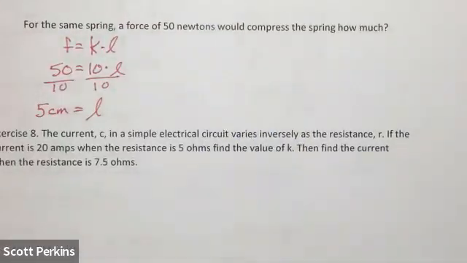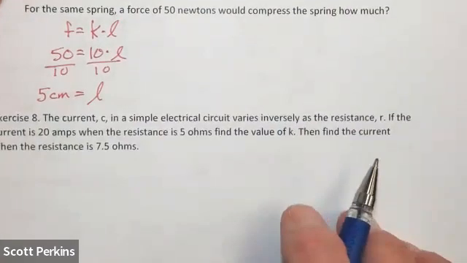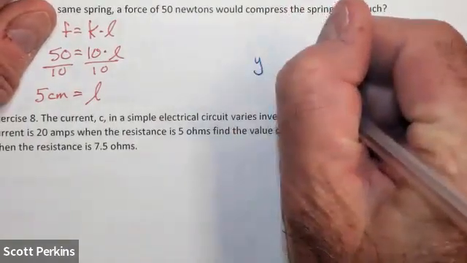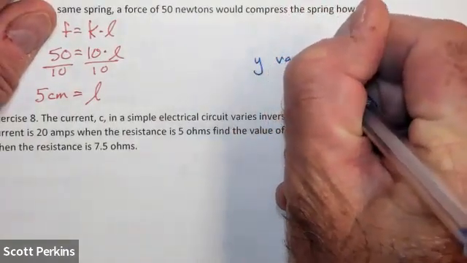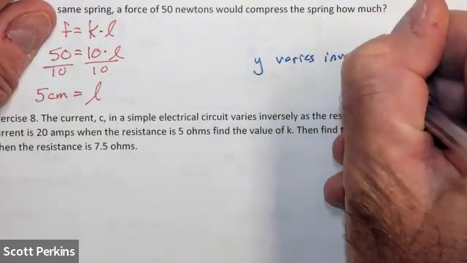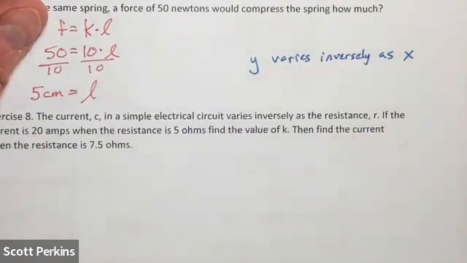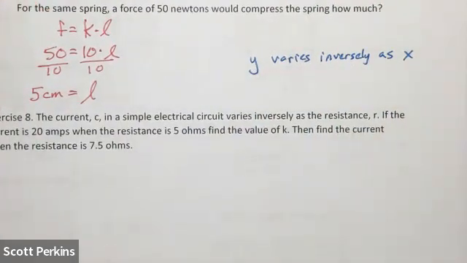The other type of relationship that we're going to do in this course, there's other ones, but these are the main two that you see most frequently, is y varies inversely as x. Okay, an inverse relationship. So practically what an inverse relationship means is they're doing the opposite thing.